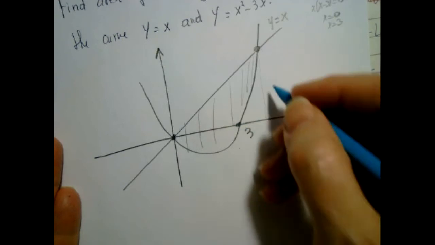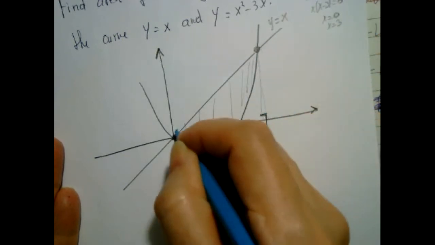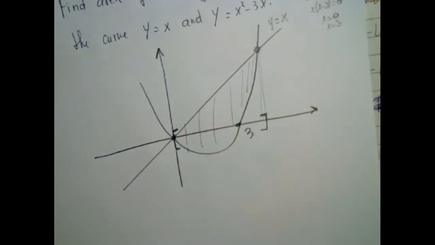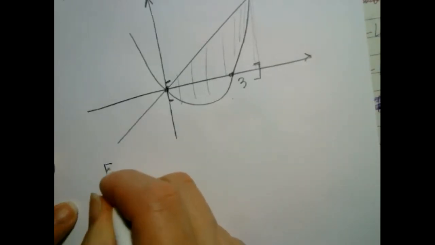So in this particular problem, I need to find basically the a and the b. I need to find those points. How do I find the point?